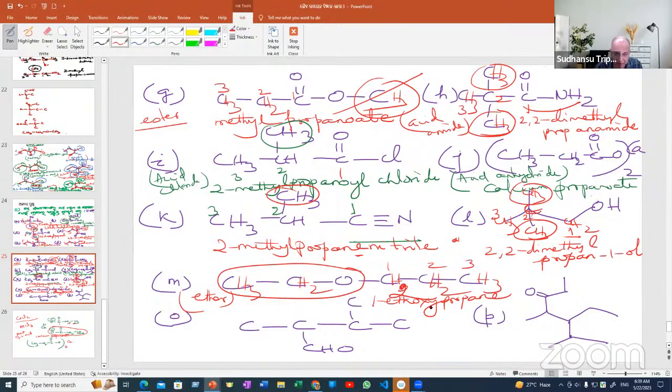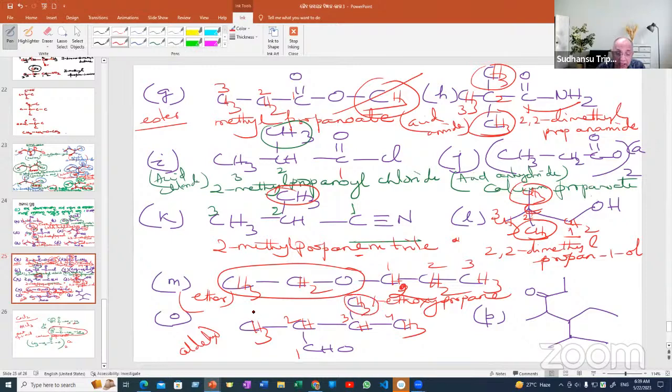This is ether. And this one is again aldehyde. I think I'm repeating aldehyde. So for aldehyde you have to find it and number it 1. After giving it 1, following the longest chain and branching rules, 1 2 3 then 1 2 3 4.